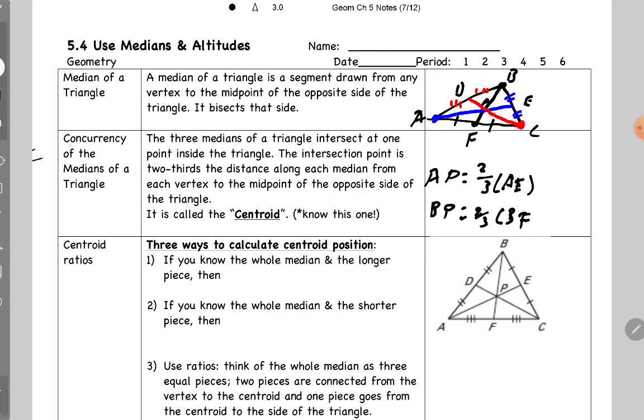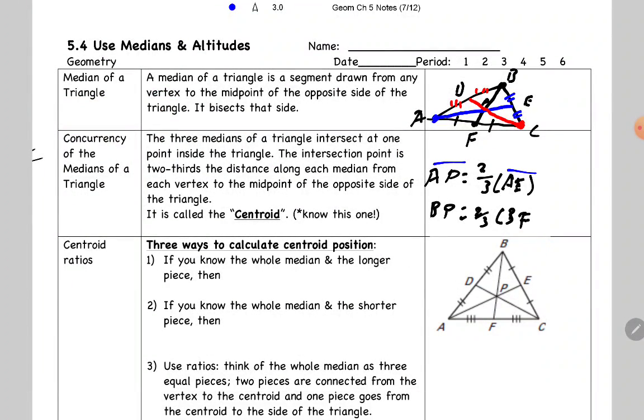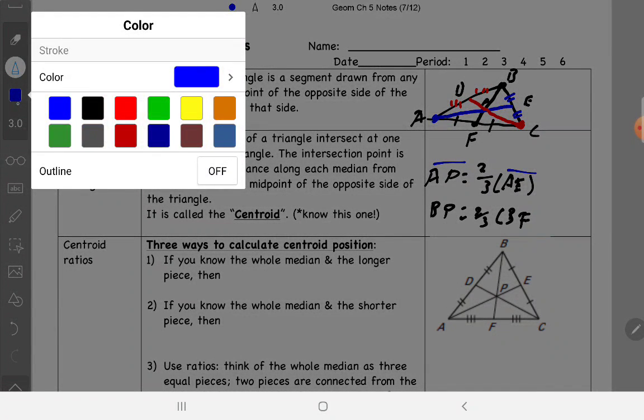Let me color code these. AP, we're looking at the blue line, is AE. BP, that's the black line.